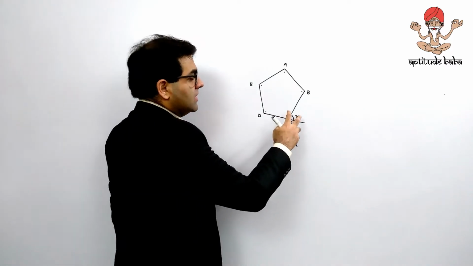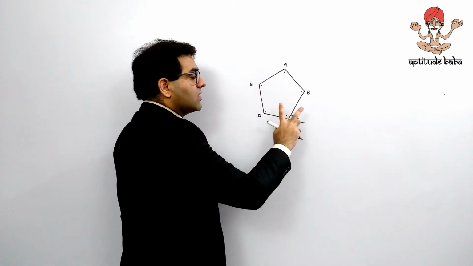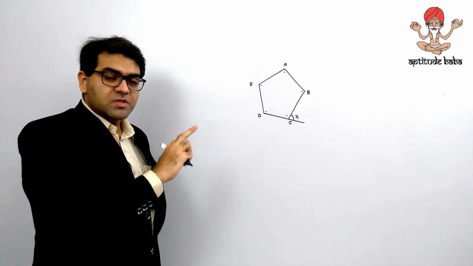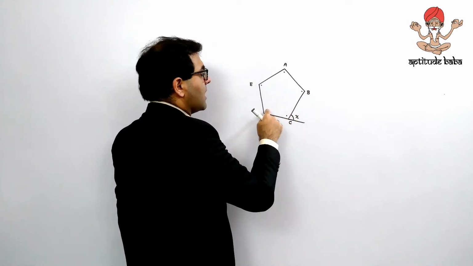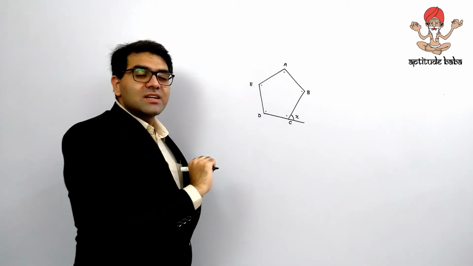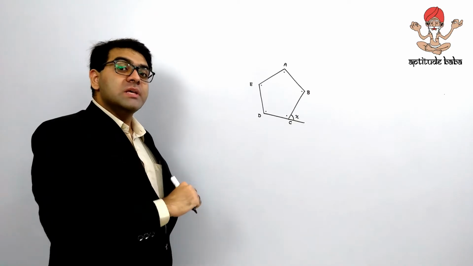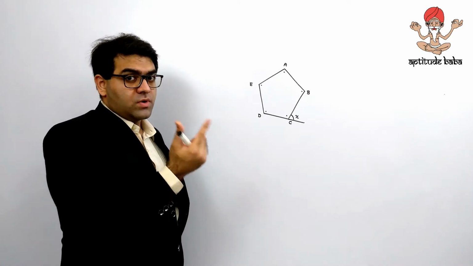Also, क्योंकि exterior angle और interior angle आपस में supplementary हैं, आपस में linear pair बनाते हैं, तो can I say अगर पांचों interior angles equal हैं, तो as a result पांचों exterior angles भी equal होंगे. Now what does that mean?